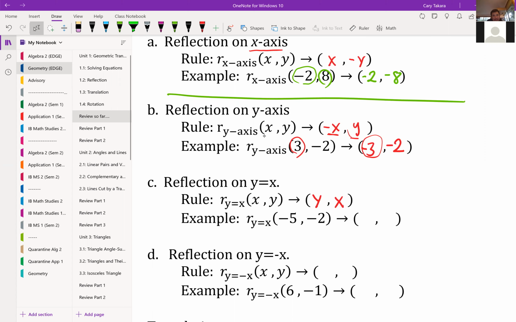So what would that be? -5 and -2. What would be the coordinate for -5 and -2? You just switch around. So it becomes -2, -5. That is going to be the reflection on y equals x.